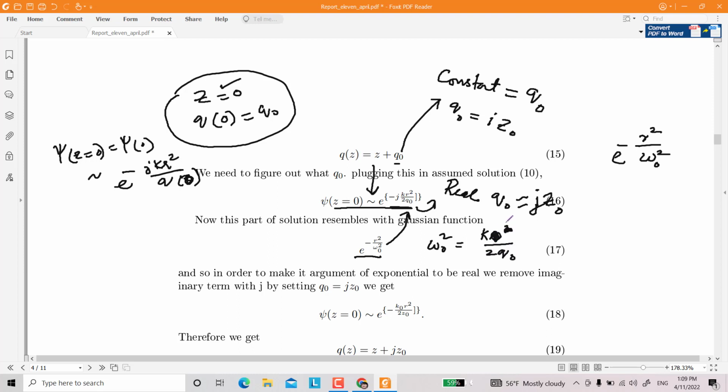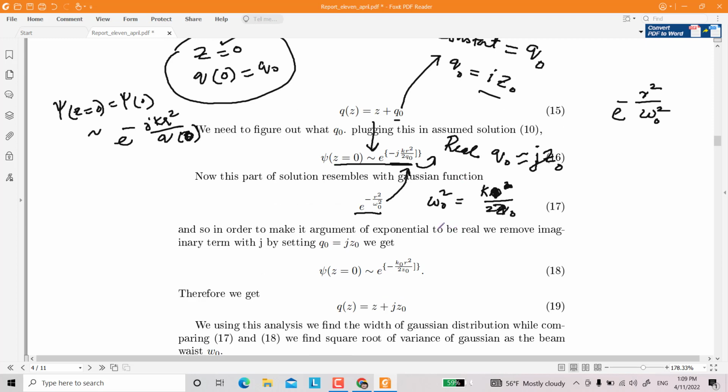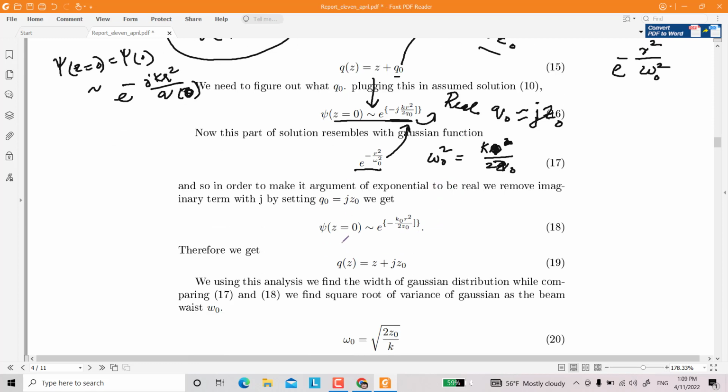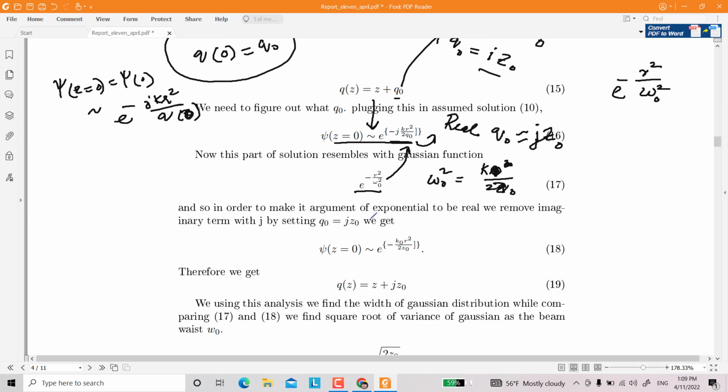By the way, r square should not be here. And more precisely, q naught should be there, rather z naught should be there, because we just realized q naught is iota z naught. So we will do it later. So right now we just did what we basically have to do.